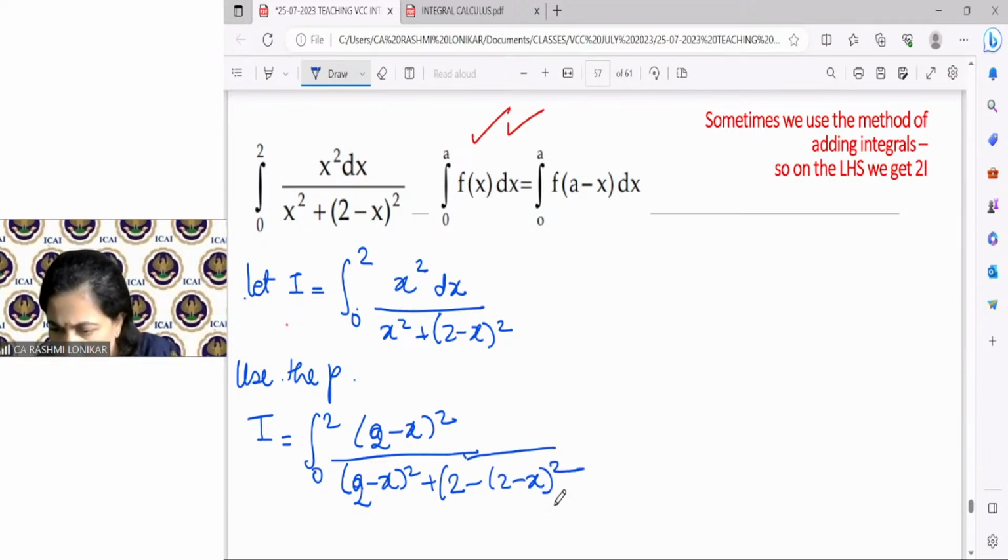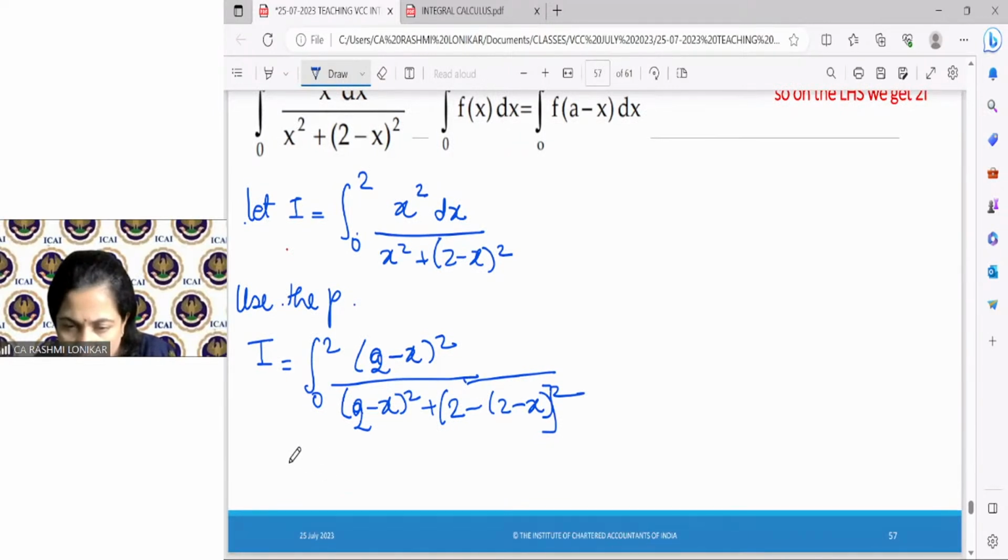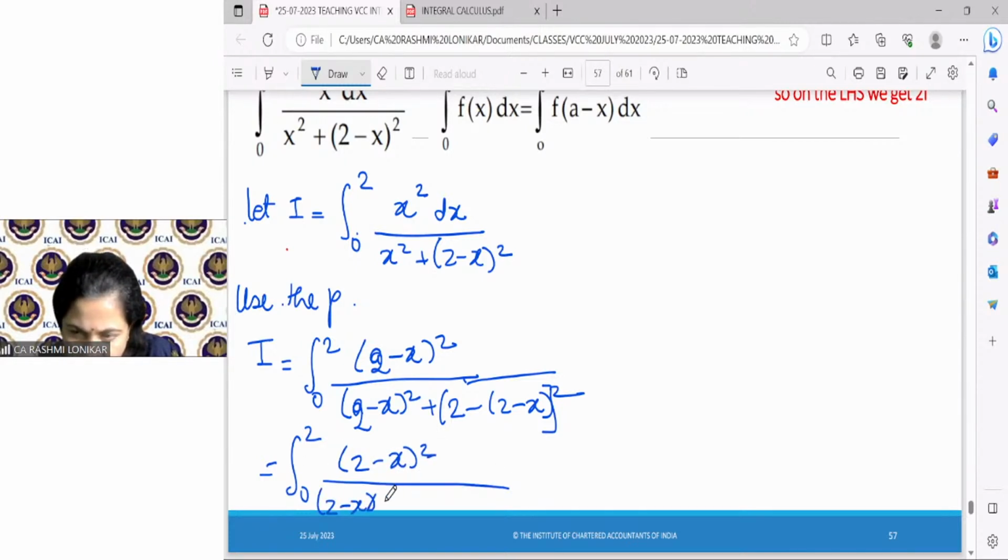Okay. So which is equal to integral 0 to 2 minus x the whole square upon 2 minus x whole square. Now this plus 2 minus 2, they get cancelled, and what you are left with is plus x square and dx.